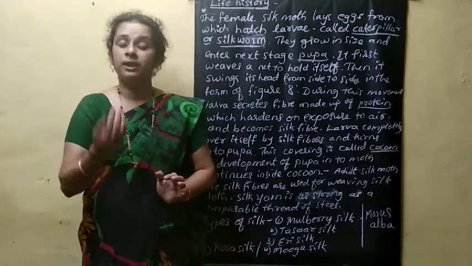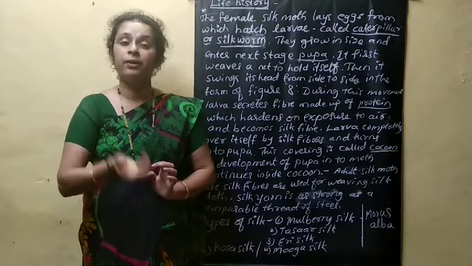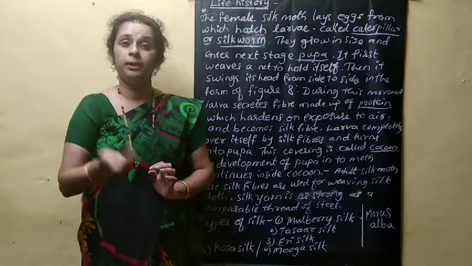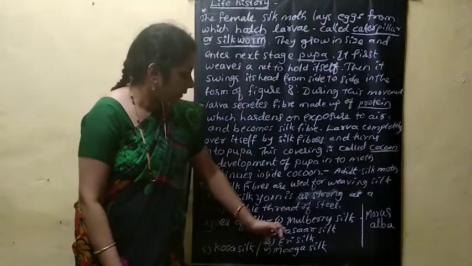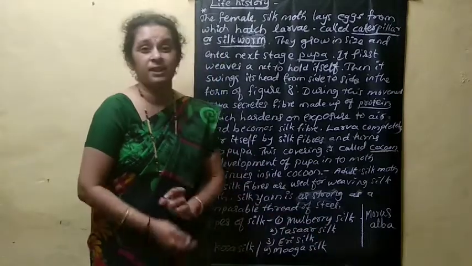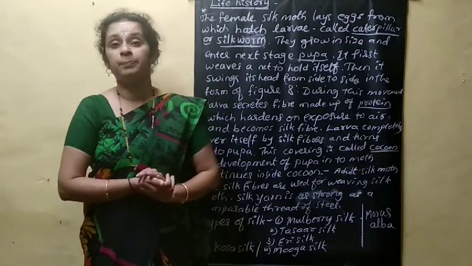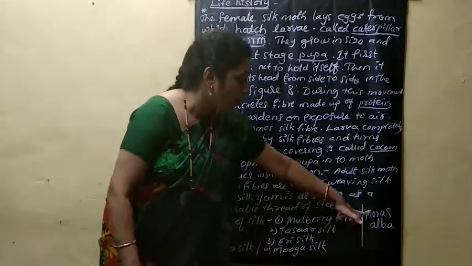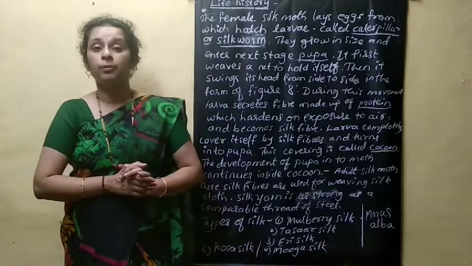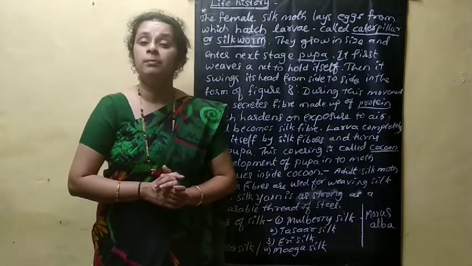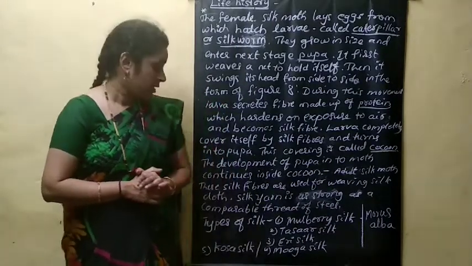Usually they lay eggs on mulberry leaves and feed on mulberry leaves, and that is why it is called mulberry silk. It is a very common silk, and the scientific name of the mulberry plant is Morus alba. You have to remember, very important, the scientific name of the mulberry plant is Morus alba.